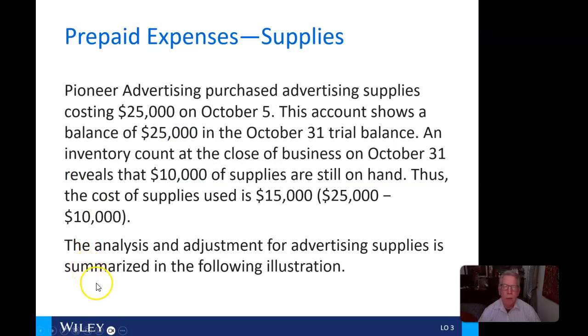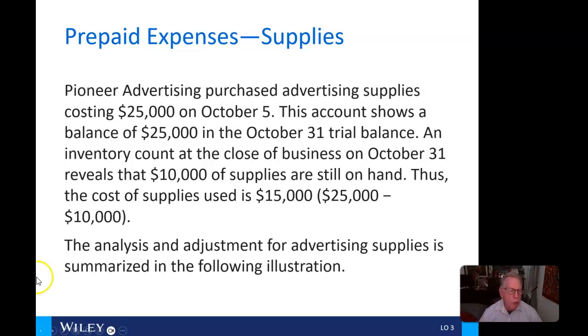Let's look at one for supplies. Supplies we treat as an asset in this course. So Pioneer purchased advertising supplies costing $25,000. So this account is going to show a balance of $25,000 of advertising supplies on the trial balance.